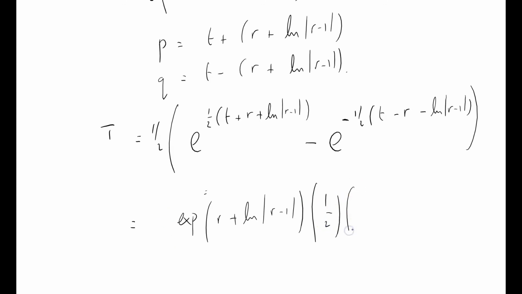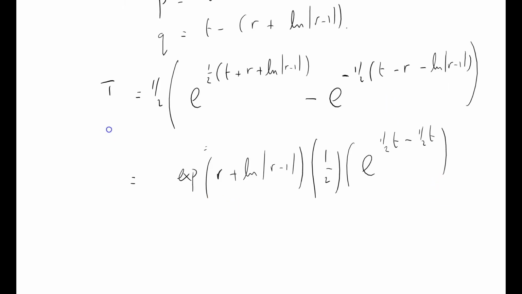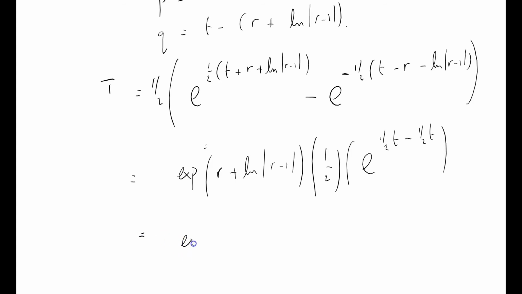A half, and then we've got e to the half of t minus a half t from there. Have I got everything? The r plus log r minus 1 I've factorized out. Here a minus times a minus is a plus, which is this one here. And we've got a half of that. So that's equal to x of r.